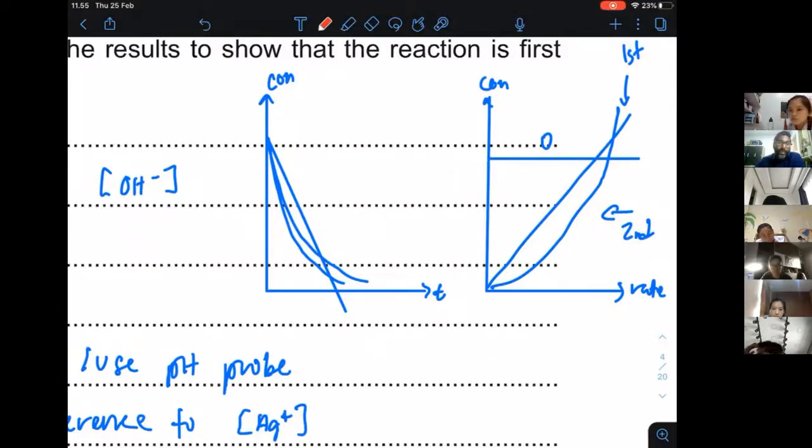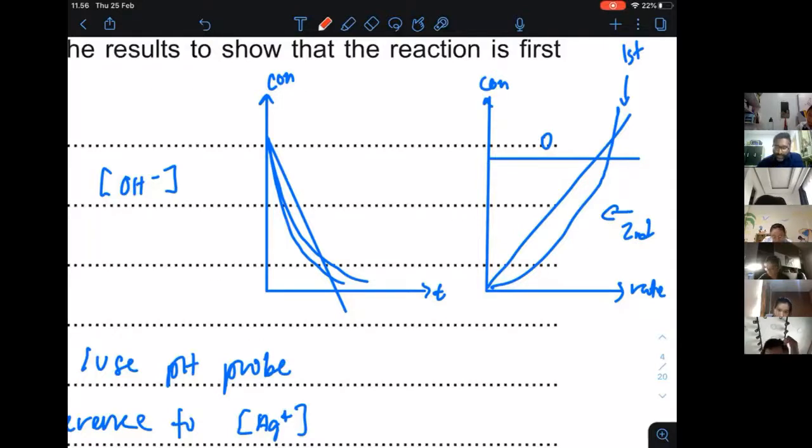If you plot concentration against time, you are supposed to have a curve, but there are two types of curve: one belongs to first order, the other to second order. You have to follow the half-life. If the half-life is constant, then it's first order. If the half-life is different, then it's second order.